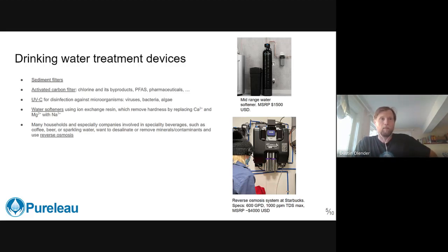Two, as in the picture on the right there, you might be Starbucks, and you basically want to remove everything from the local water supply and start from scratch. So their reverse osmosis systems will remove everything, and then they'll actually have to add minerals back. So when you drink their coffee and their water, it always tastes the same. They've got a specialty beverage angle to this.